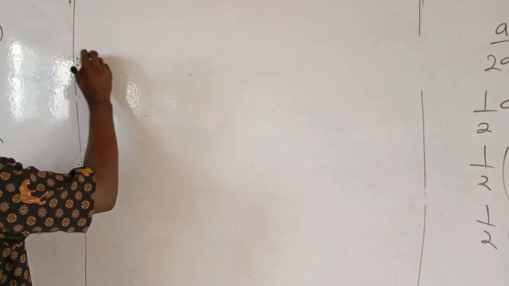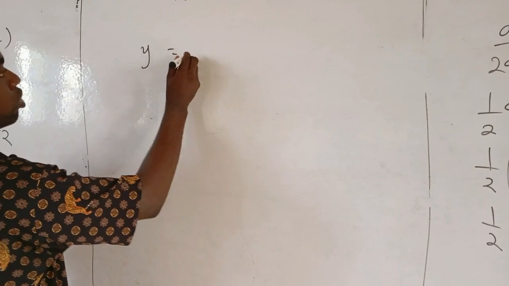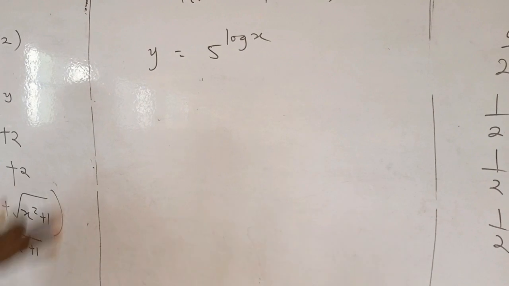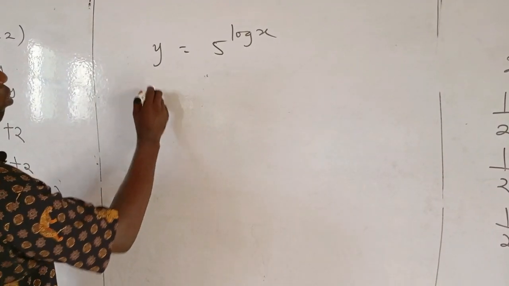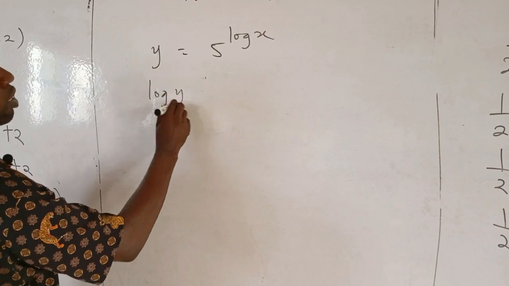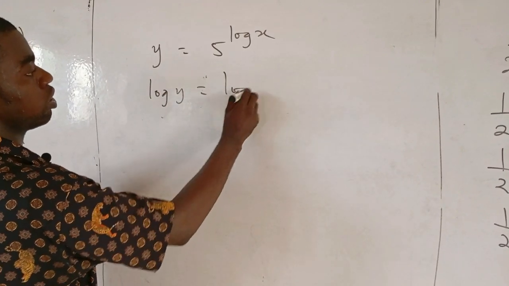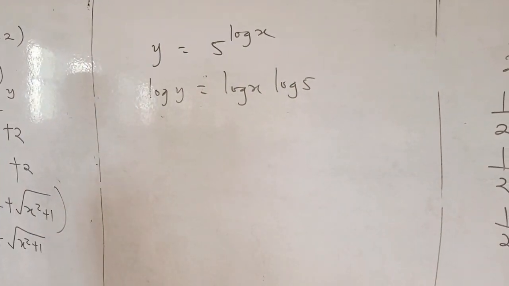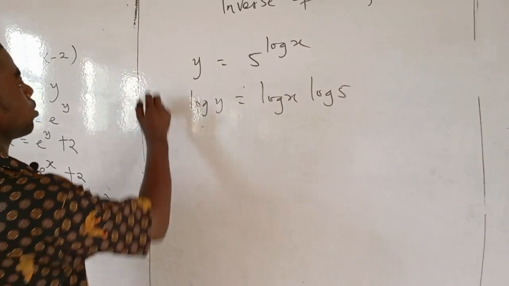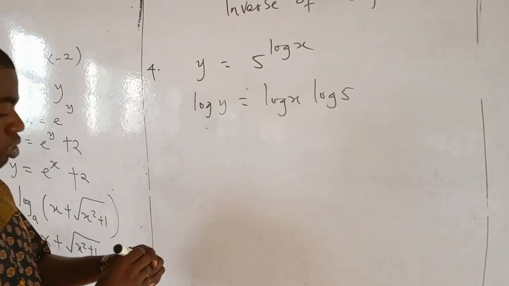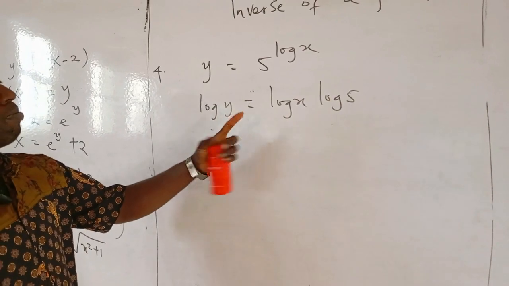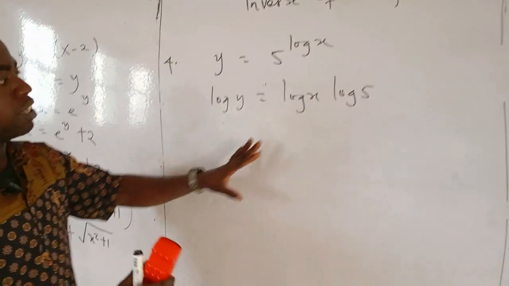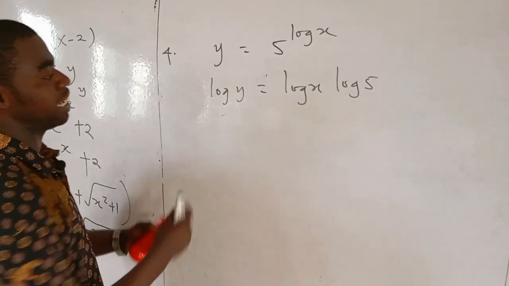So for our last question, we said y is equal to 5 raised to the power of log x, right? So taking the logarithm of both sides, we have that log y will be equal to log x log 5, right? Our aim is just to make x the subject of the formula. Now we divide through by log 5 so that we can have log x standing alone.